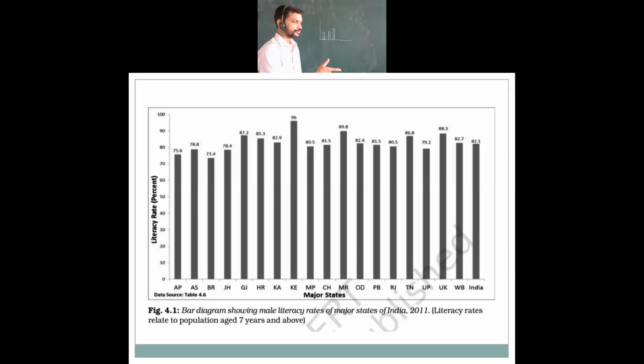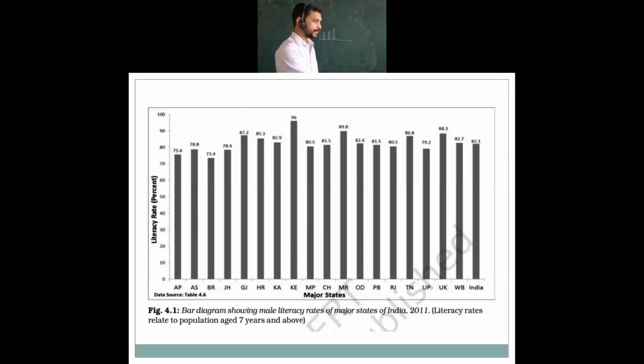See, the year 2011 literacy rate relates to the population aged 7 years and above. मतलब क्या है, 7 साल के ऊपर जो एज कंसिडर करते हैं ना, उनका लिटरेसी रेट है. Below that we are not going to consider. They are small children. After the 7th year of your age, you are going to take admission to the first standard, second standard and all.